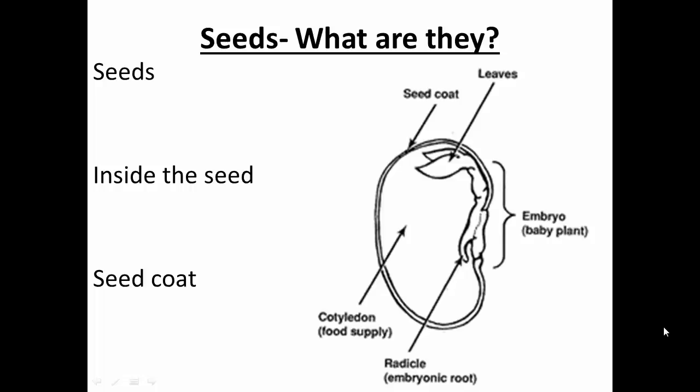So, first of all, a seed contains the embryo of a new plant, along with some stored up energy that the plant is going to use when it begins to grow. It's a reproductive structure that a plant uses to grow a new plant. Seeds have a seed coat around them, a thin shell.